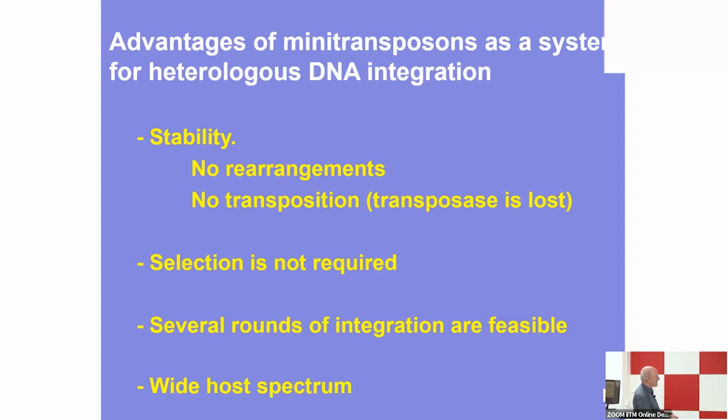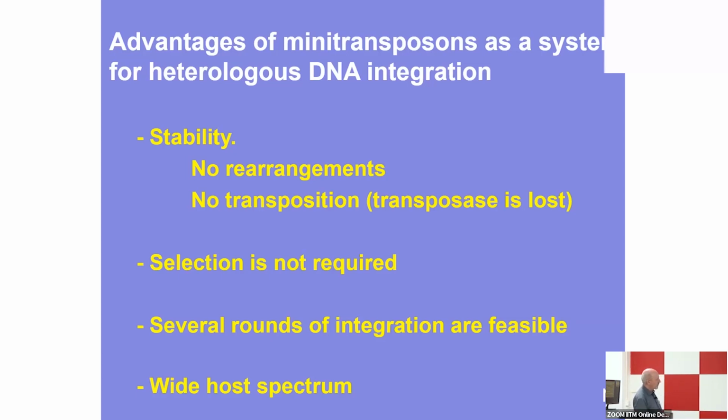Then the other advantage is that selection is not required. If you have a plasmid, then you can be always concerned that the plasmid might be lost because you don't add antibiotic selection pressure. However, if you have the gene of interest in the chromosome, then it remains there forever and you don't have to care about antibiotics. And this is also important, for instance, for industrial applications, because antibiotics added to a culture medium can be a considerable cost.